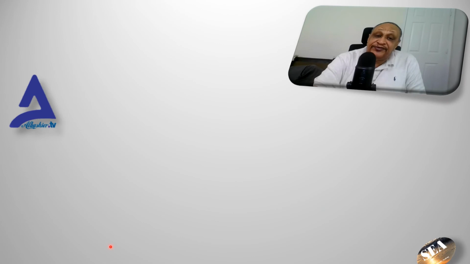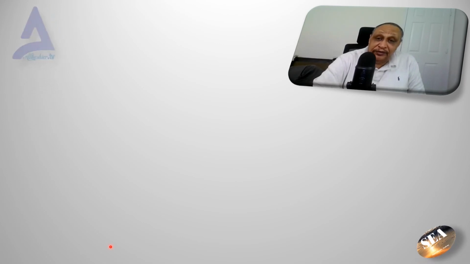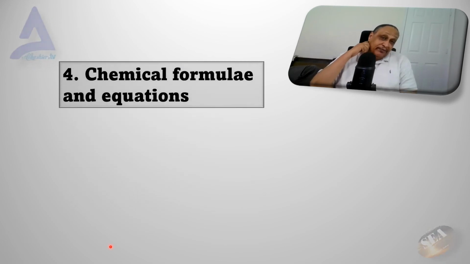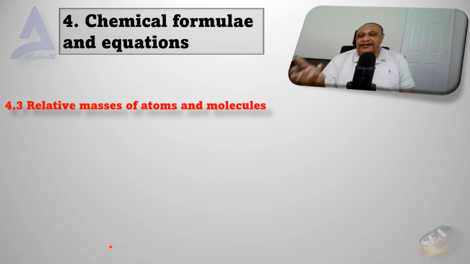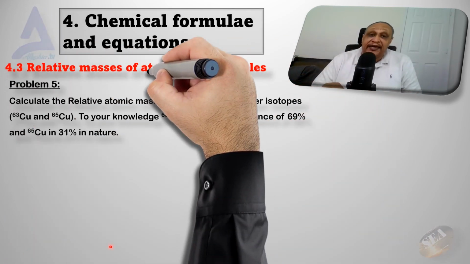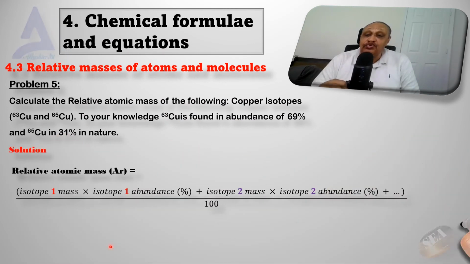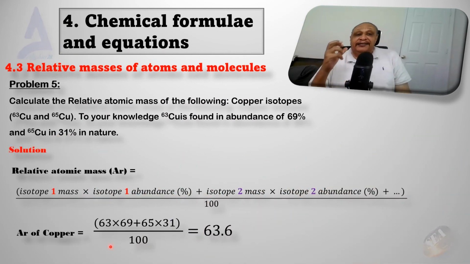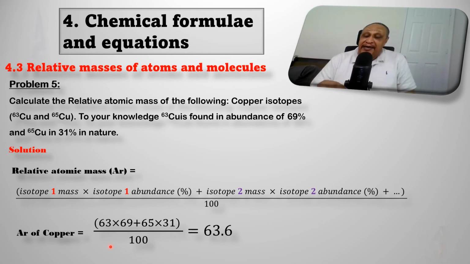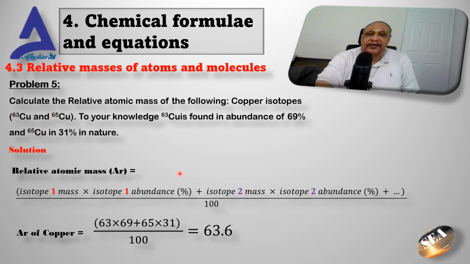The fifth example is about copper isotopes. We have only two copper isotopes, copper-63 and copper-65. By 63 and 65, we mean the mass of each of them.